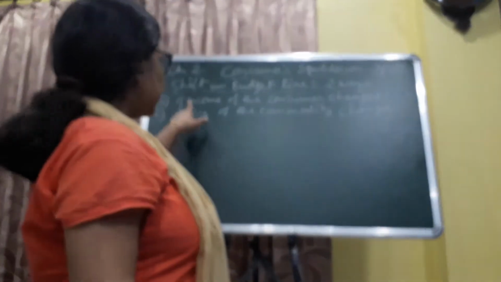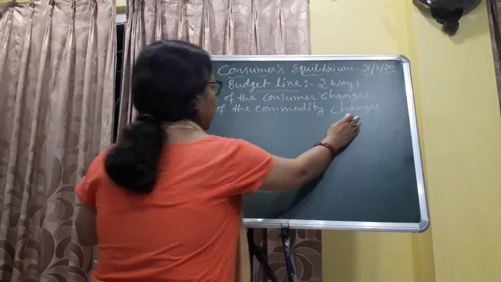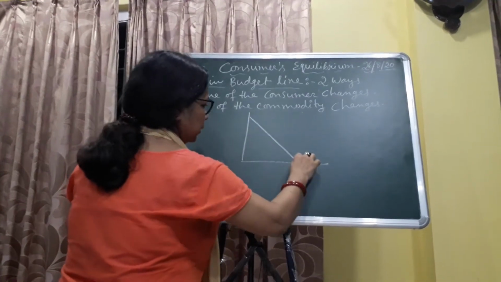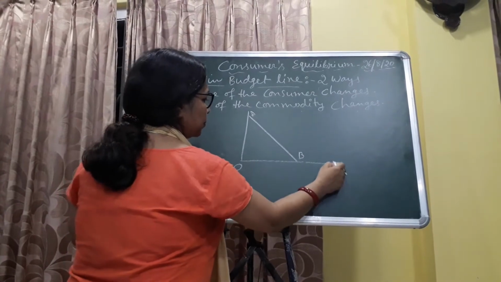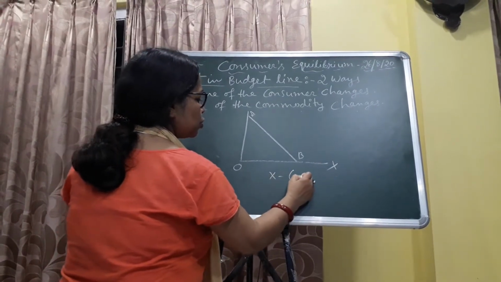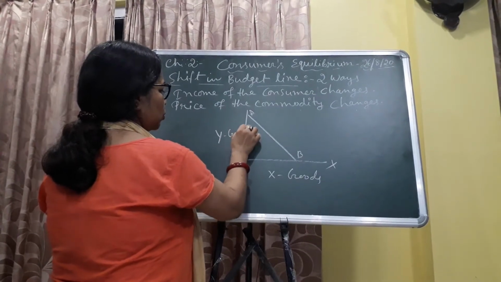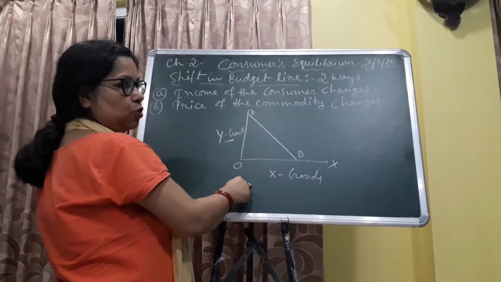So first, income of the consumer changes. Assume that here is the budget line AB, with origin O, x goods and y goods, two goods x and y. This is the downward sloping budget line I have drawn.